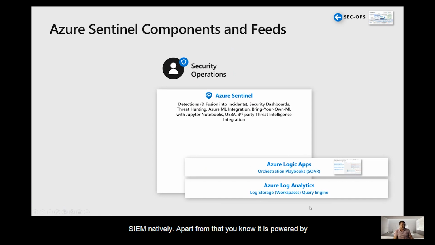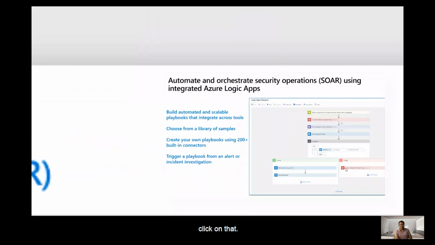Apart from that, it is powered by the Azure Logic Apps and the vast Log Analytics platform of Azure. The Logic Apps are bringing the SOAR orchestration, which is part of Azure Sentinel. In terms of SOAR orchestration, let's just click on that.